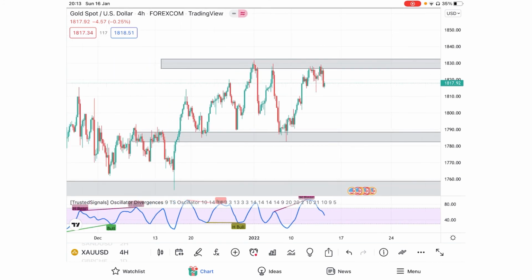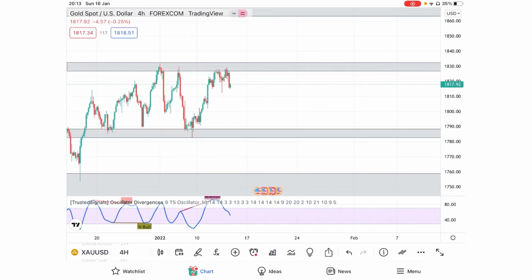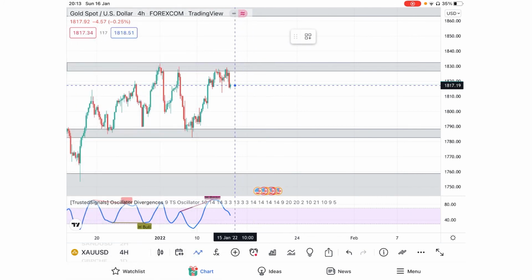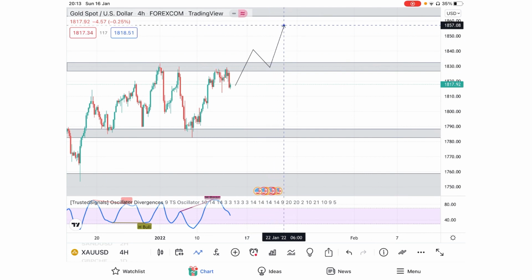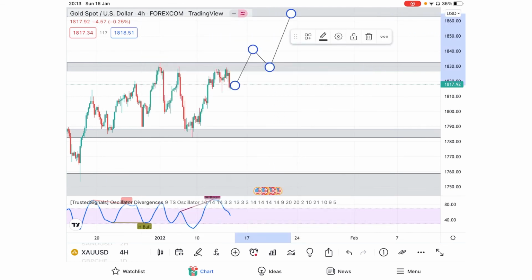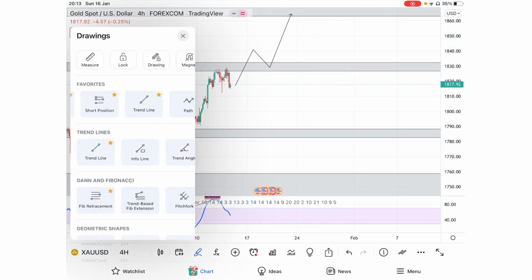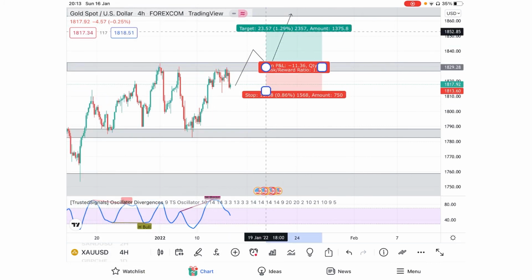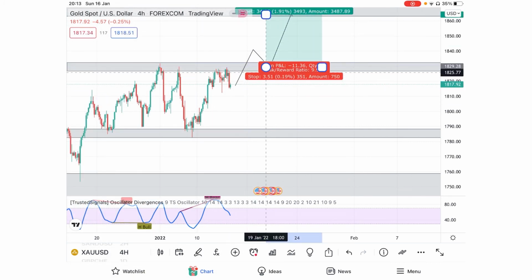What you need to wait for to be safe is for gold to either do this, boom, boom, boom, and enter a long position right there. We take profit there, stop loss around here.